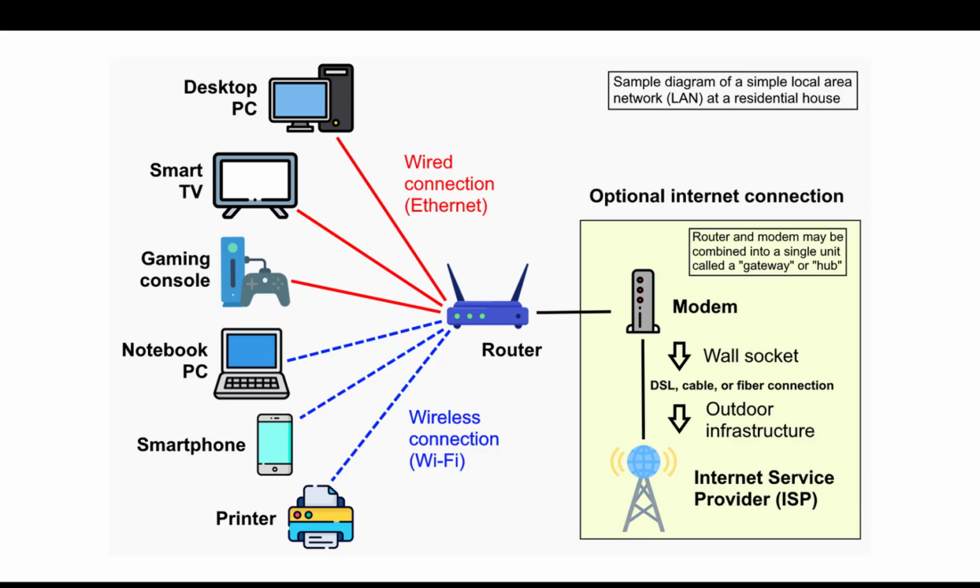So you find out, say, beyond this, you go beyond this side. Even if you want to share your Wi-Fi password with your neighbor who is near you outside the Wi-Fi range, it tells you they go beyond that. So this is the diagram of a local area network. You see, you get a wired connection, which we talk about as Ethernet cable. Then we get a wireless connection, which is Wi-Fi.